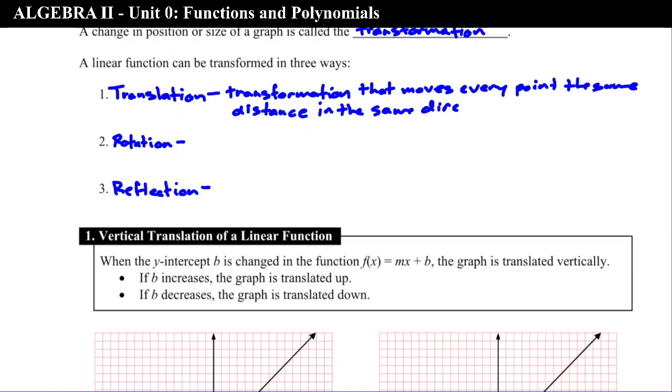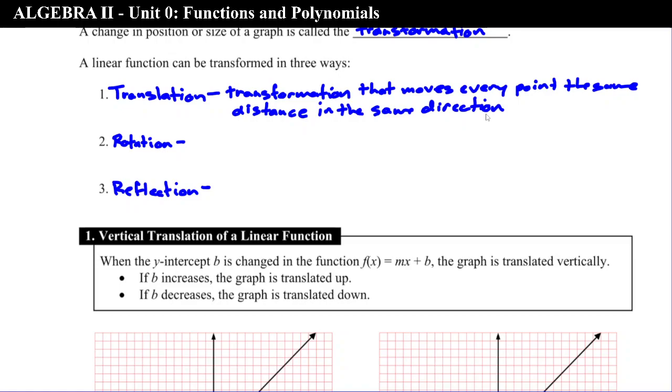So with this type of transformation, we basically have a graph that's not going to change how it looks, it's just going to change where it's located on the graph. It's going to change where it's located in relation to the x and y axis. And we'll go into more detail on all three of these here in a moment.